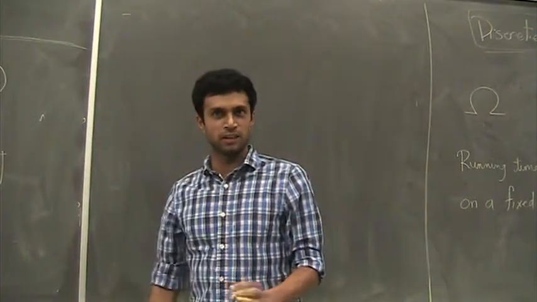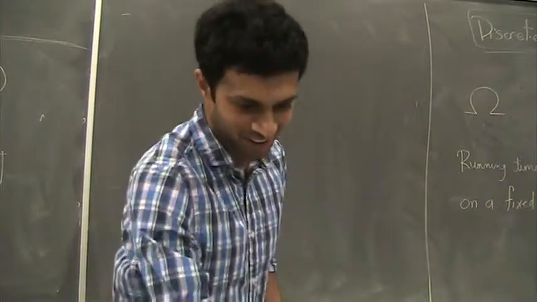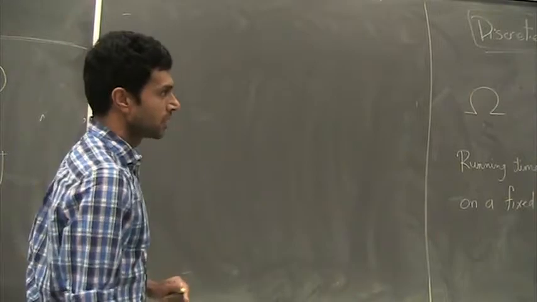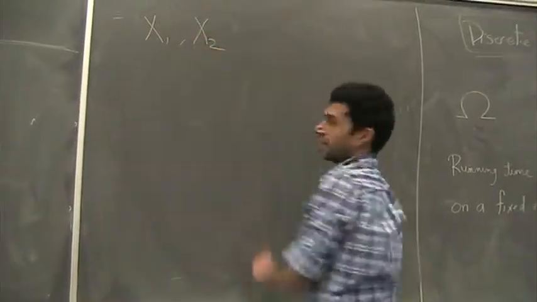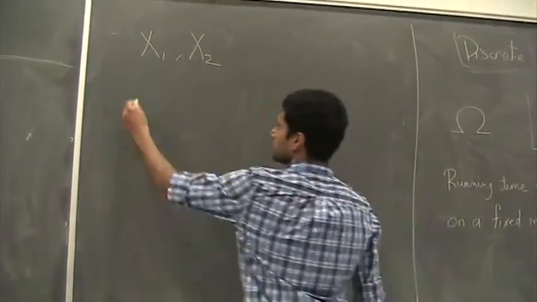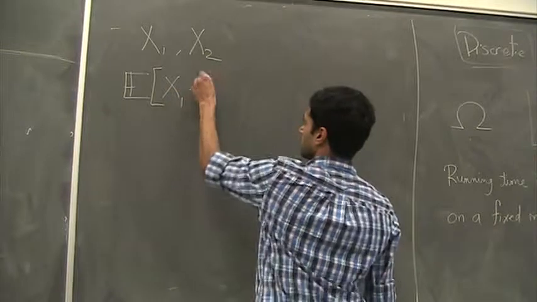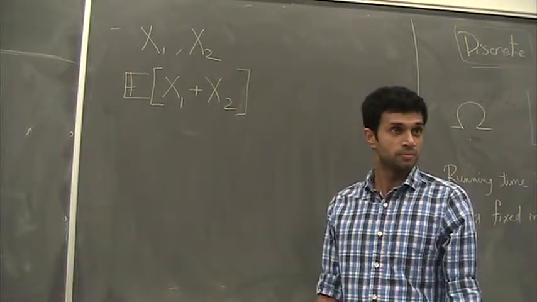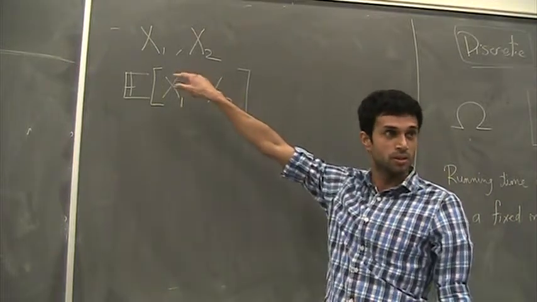Have you heard of linearity of expectation? No. Okay. Sometimes if you have two random variables x1 and x2, you can ask, what is the expectation of the sum? What is the expectation of the sum of random variables?